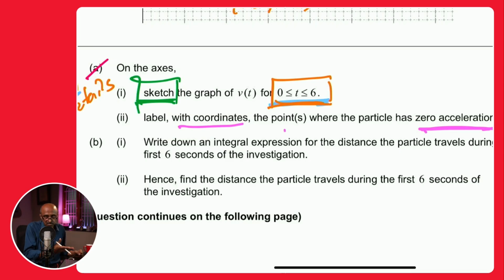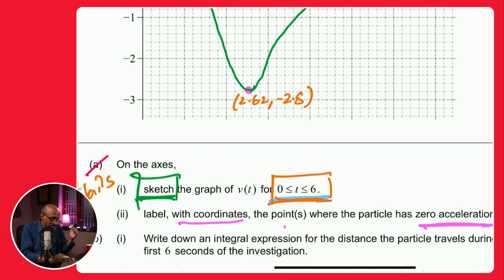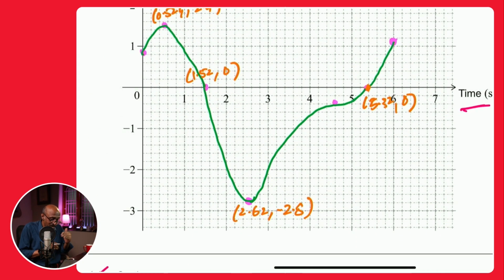Zero acceleration means derivative 0. And where do you get derivative 0? Maxima, minima. Now you see what I just mentioned, that the moment you're sketching all the values, you've answered parts of the next one, except for this inflection point I've not mentioned, because that's also a place.